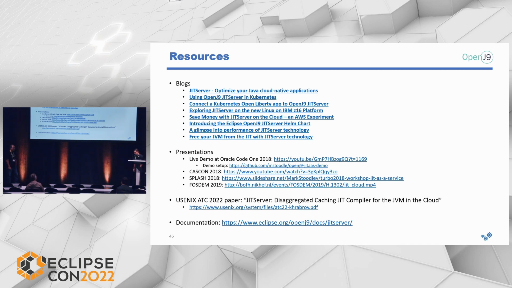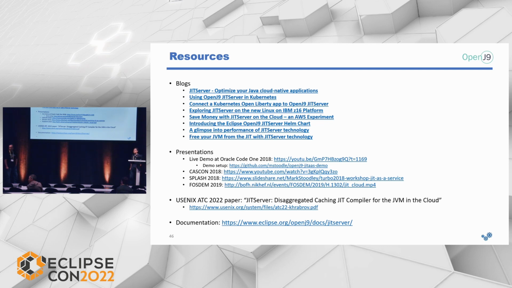So in that case, if you have two clients running different applications, but they happen to use the exact same method, the profiling information for that method could be different. And in that case, you may lose a little bit of performance. However, we target mostly the cases where you work in Kubernetes and you have 10, 20, or even more instances of the same application because it's replicated so many times, and therefore it's the same application requesting the same method from the JITServer.